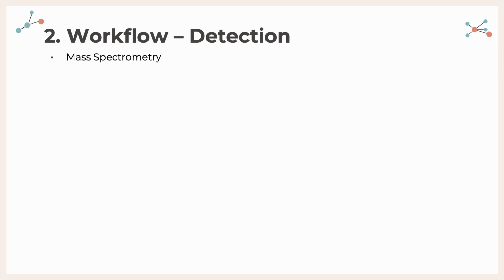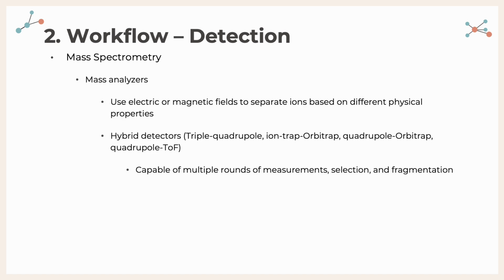Okay, so we covered the ionization sources, the soft ionization from either ESI or MALDI. So now we have to analyze the mass of the ions. The mass analyzers use an electric or magnetic field to separate ions based on physical properties. This is essentially a detector. You have hybrid detectors such as triple quadrupole, ion trap, Orbitrap, everything listed there. These hybrid detectors are capable of multiple rounds of measurements, selection, and fragmentation.